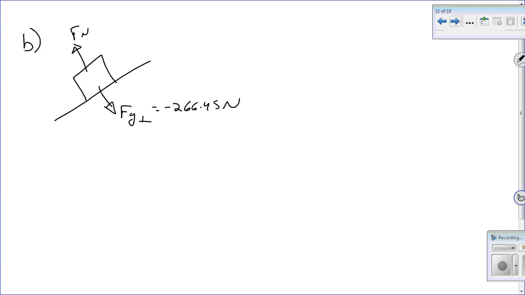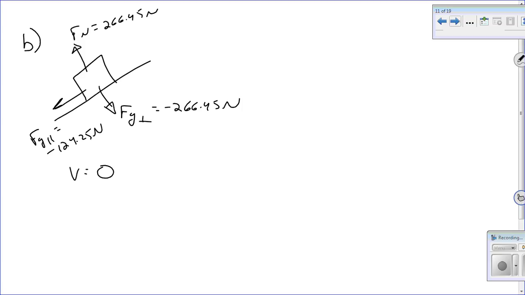We've got a normal force that is the same thing. We've got a parallel component, which is negative 124.25 newtons. And right now our velocity is 0. So it may or may not get moving.